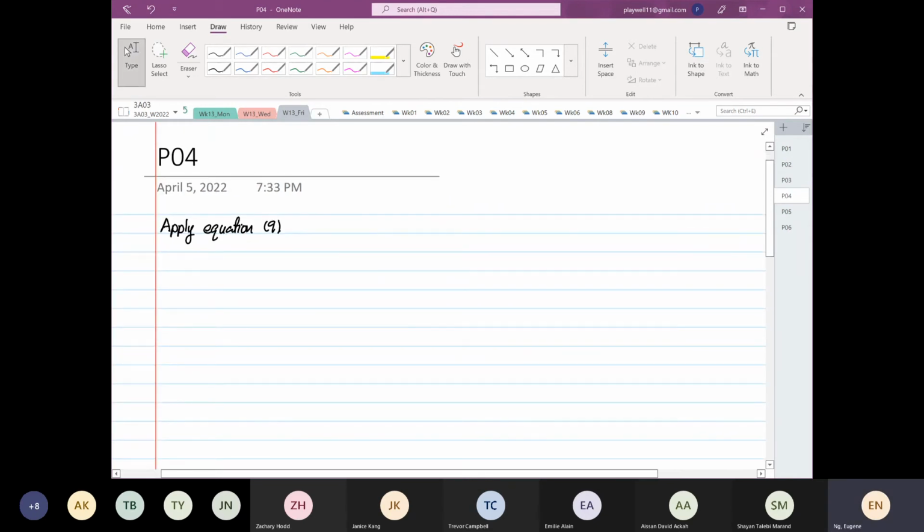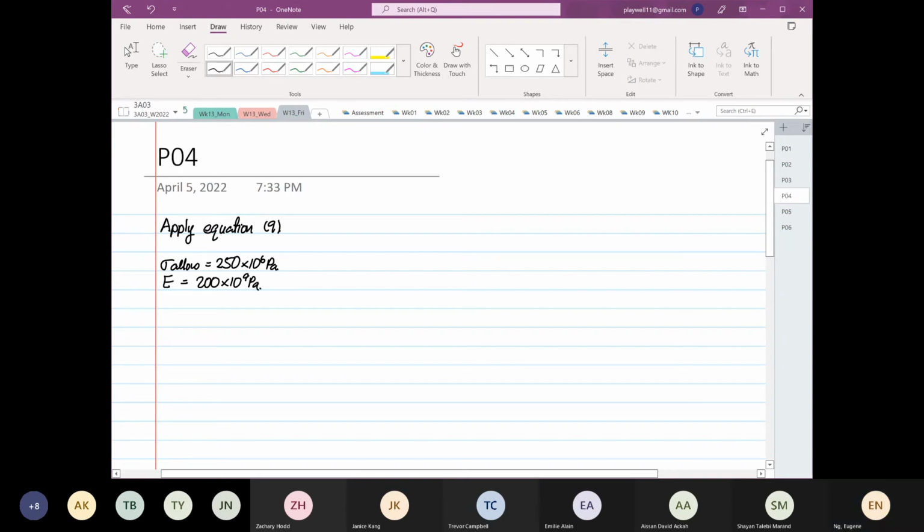So we have stress allowable equal to 250 times 10 to the power 6 Pascal, and our Young's modulus is equal to 200 times 10 to the power 9 Pascal.